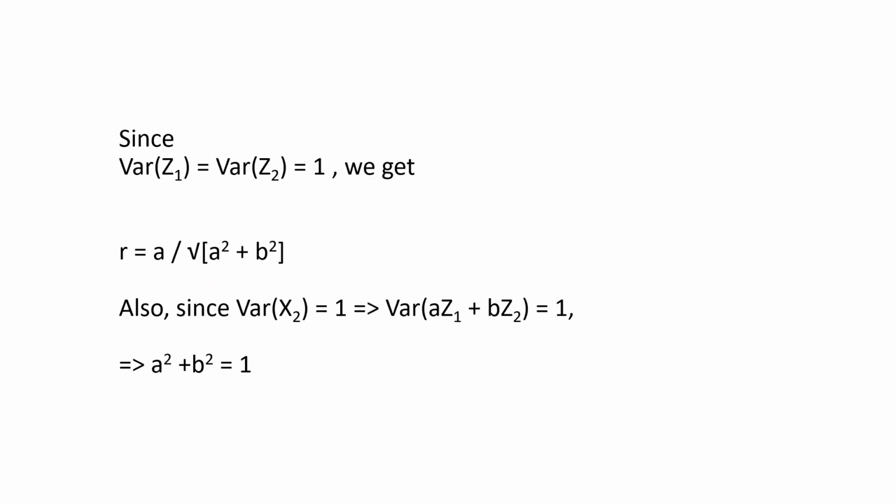So substituting the variance of Z1 and Z2 equal to 1, we get the correlation equal to a divided by square root of a squared plus b squared. And we also know that the variance of X2 is 1. So putting in the values of X2 as aZ1 plus bZ2, we get a squared plus b squared is equal to 1.